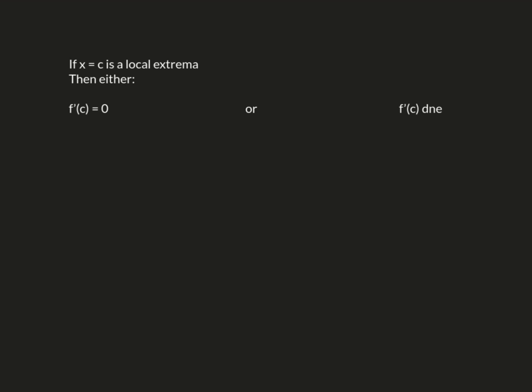A local extrema is a possible max or min value over the course of a function. So if we're given the fact that C is some local extrema on a graph, then we have to know that at x equals C, either the derivative is 0, which means that you have a horizontal tangent, or the derivative is undefined, which means that you have some sort of a cusp or a corner.